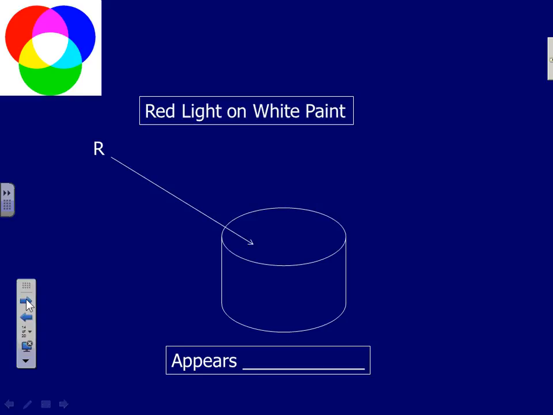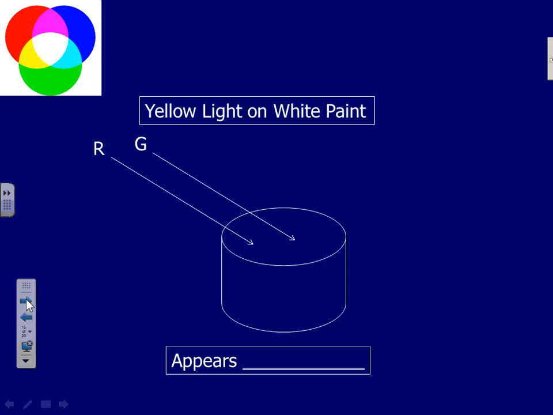So let's now shine some red light on some white paint. The white can reflect everything, but there is only red light. So how will that appear? It'll appear red, because the red light is the only thing that's there. It has the ability to reflect all, but if there's only red light on it, it should appear red.